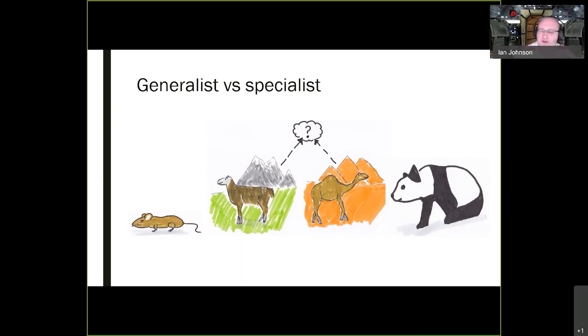So we start getting more and more specialized software. So I would say a lot of the billing systems out there are more like the llama and the camel. They're quite specialist in terms of doing billing, but they don't care what they're billing for. And then you can get even further. You can get to the point of really niche software that only exists whilst there is a need for it.